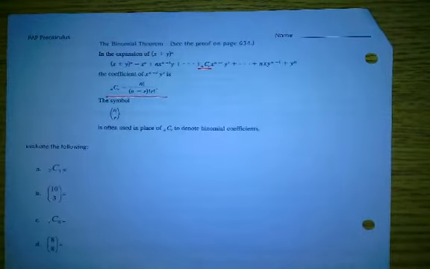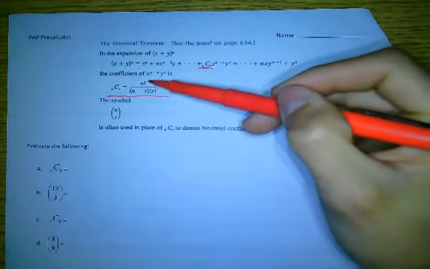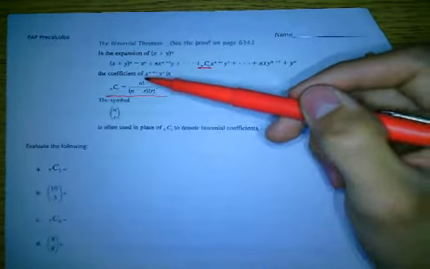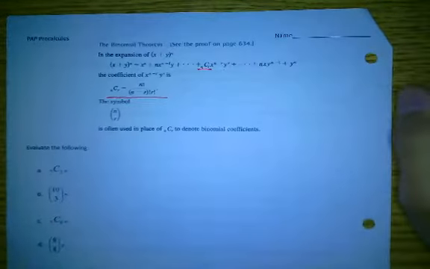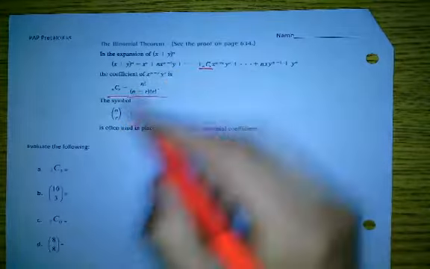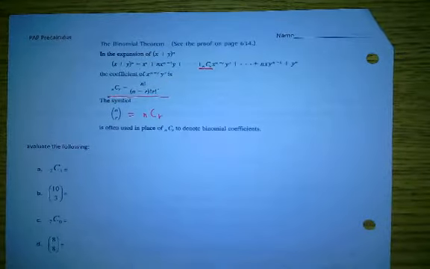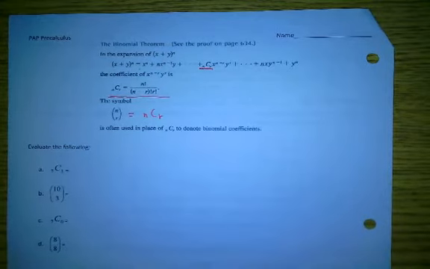And remember, a combination is n factorial over n minus r factorial times r factorial. I want you to recognize that this symbol is the same thing as saying n choose r. So if you see either one of those, it's talking about a combination. Okay?